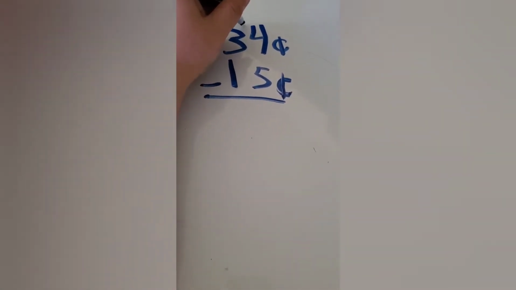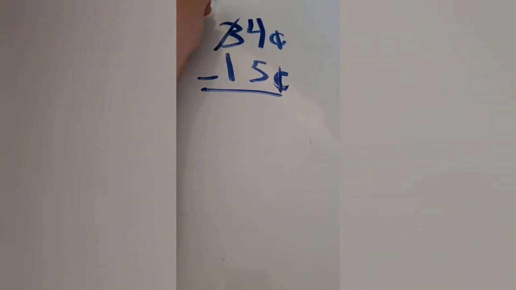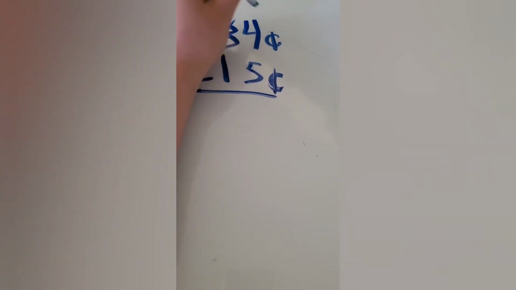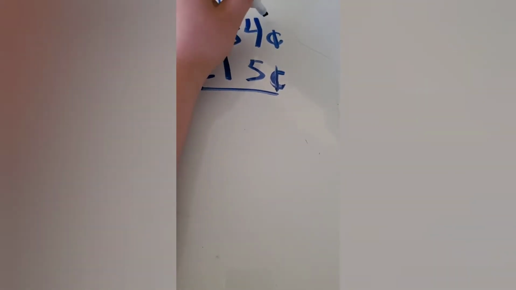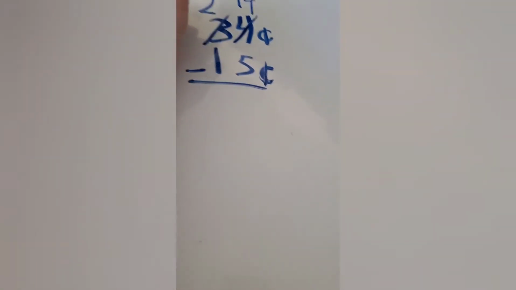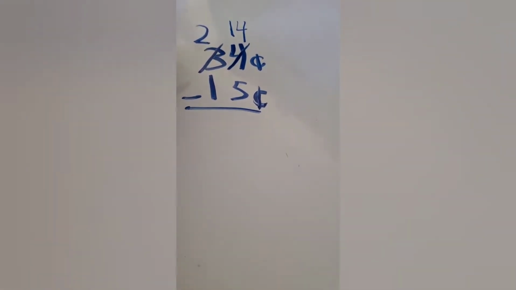I'm going to replace the 3 with what number? You're right, 2. And then I'm going to take that 10 and regroup it over here. I'm going to replace 4 with what number? You're right, 14. So 14, take away 5 is what?